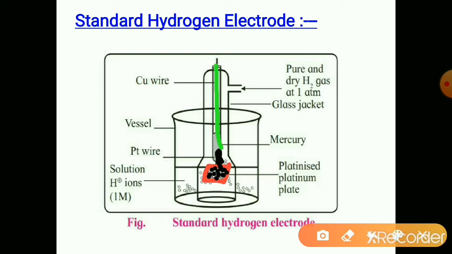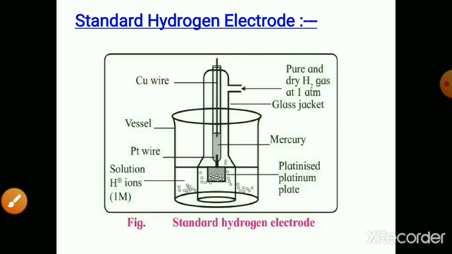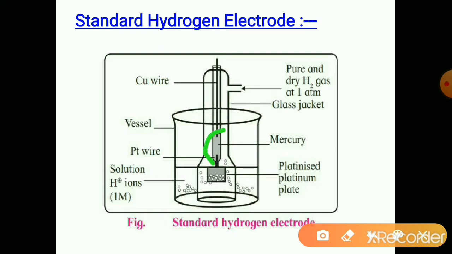and mercury is filled around it. The connection of this platinum wire and the copper wire is embedded in the mercury. These two metallic wires are embedded in the mercury. You can see here.